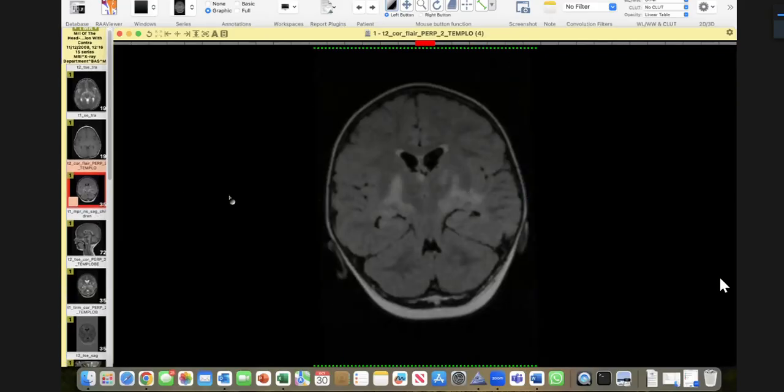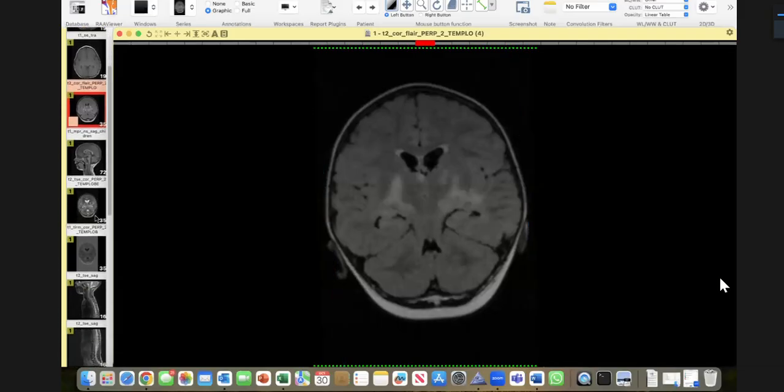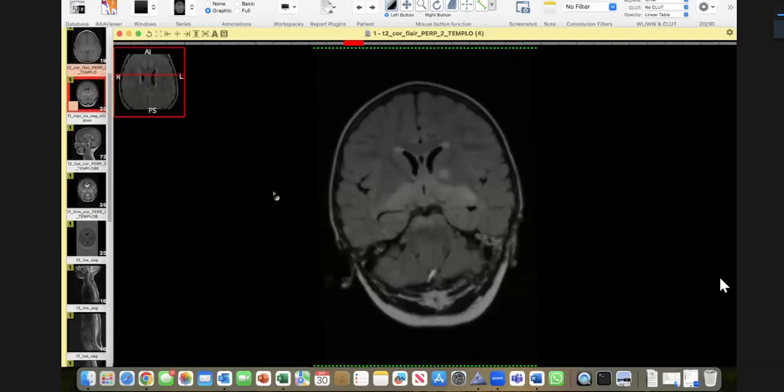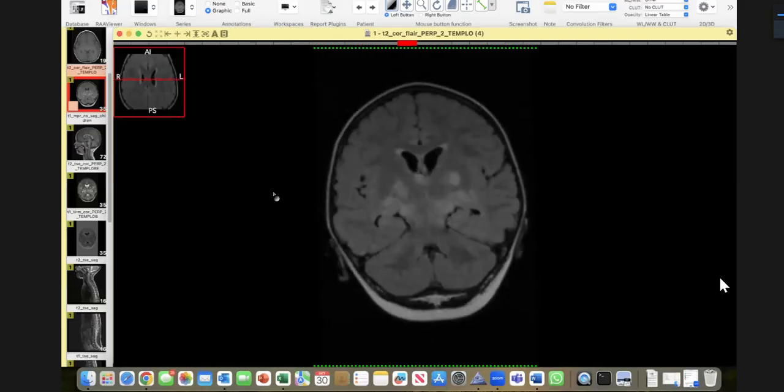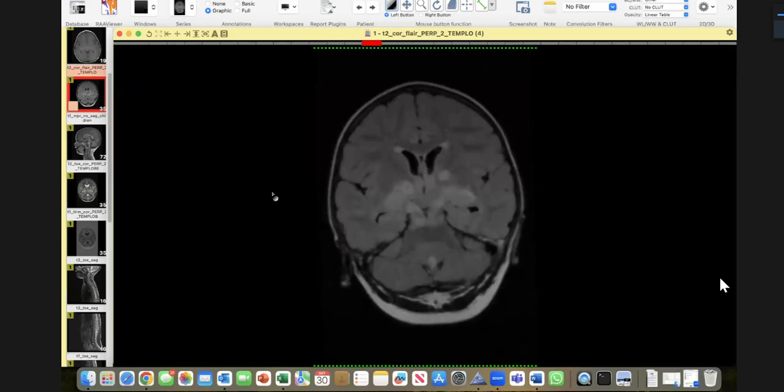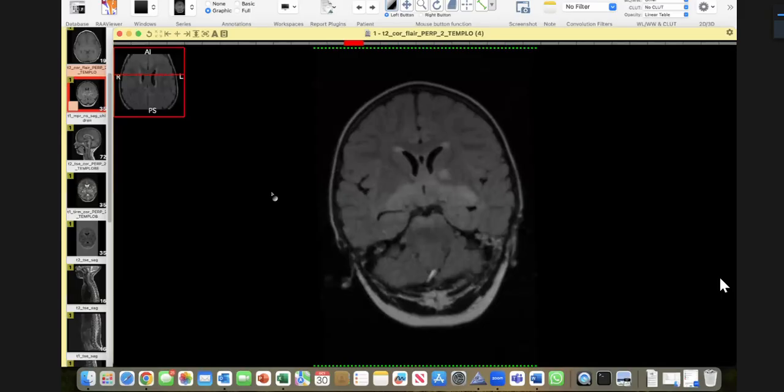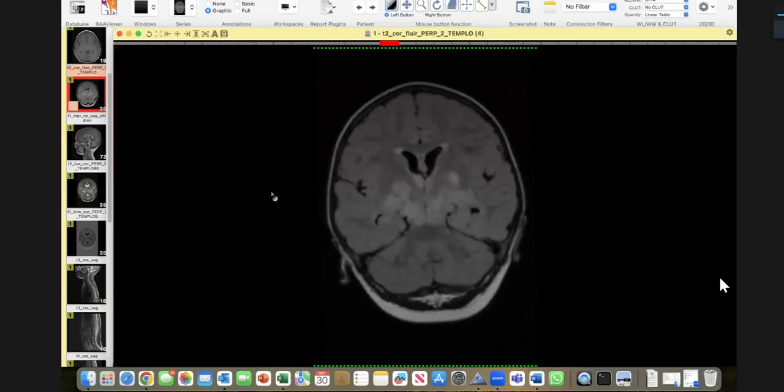Now, I showed you contrast as well. Please remember that optic nerve gliomas are low grade, grade 1 tumors, so they might or might not enhance. Enhancement will not change the diagnosis. So this was a case of NF1.